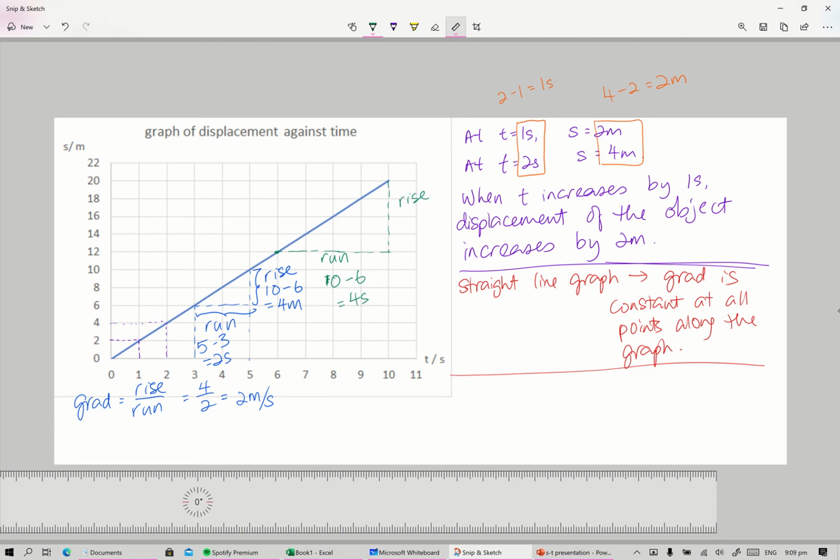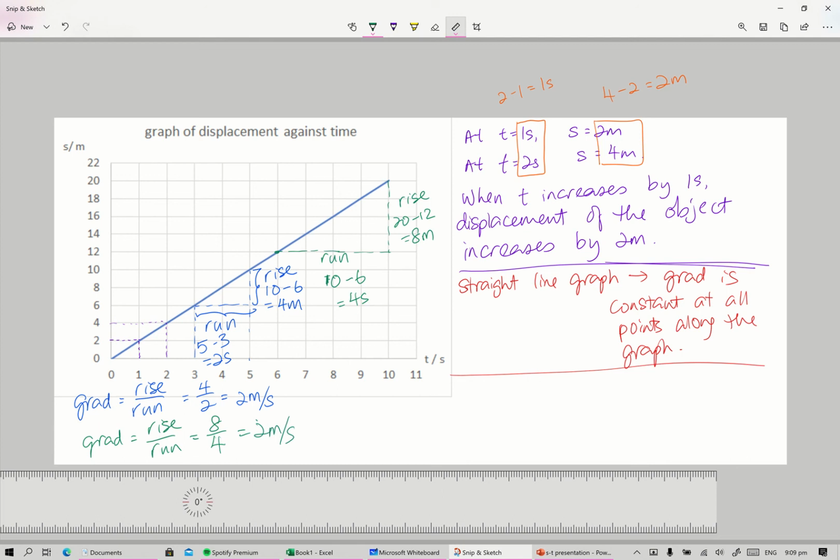And this is the rise: when time increases from 6 to 10 seconds, the displacement increased from 12 to 20 meters. So 20 minus 12 gives me 8 meters. So the gradient equals rise over run, which is 8 over 4 equals 2 meters per second.